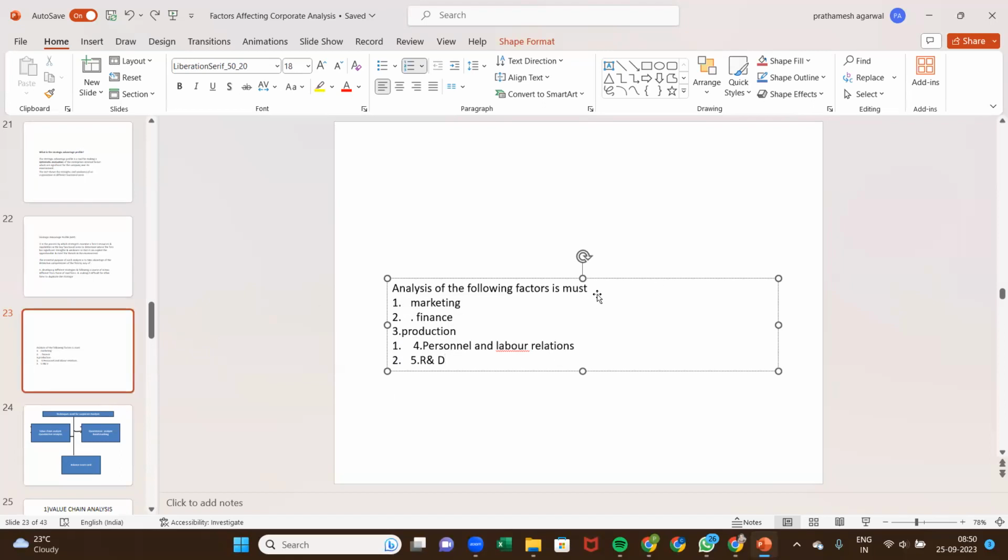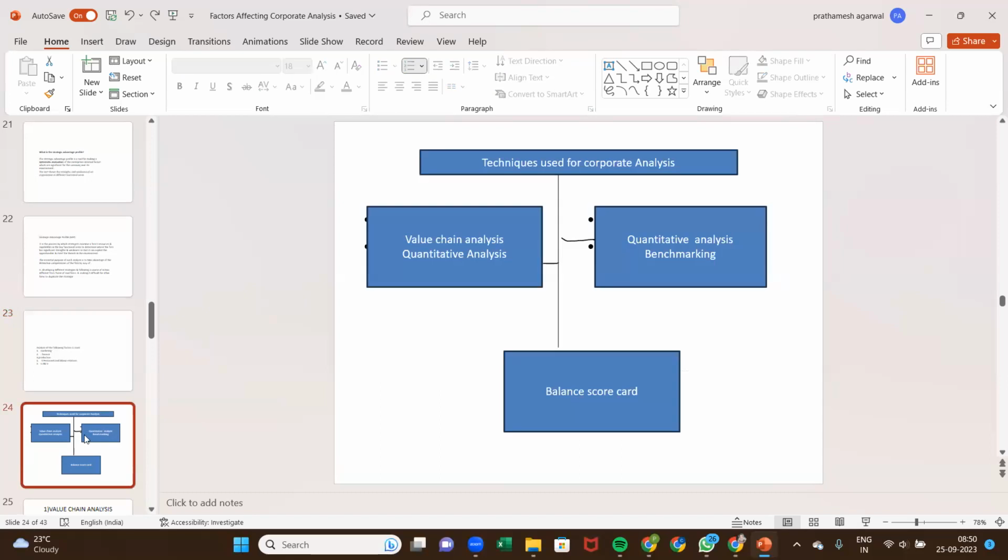So, analysis of the following factors is a must, right? The SAP will work on this: marketing, finance, production, personnel and labor relations. Now, personnel is called the HR, and R&D is research and development. Now, just see the techniques used for corporate analysis. We have value chain analysis, all right?